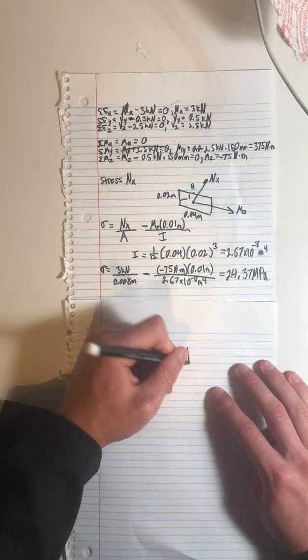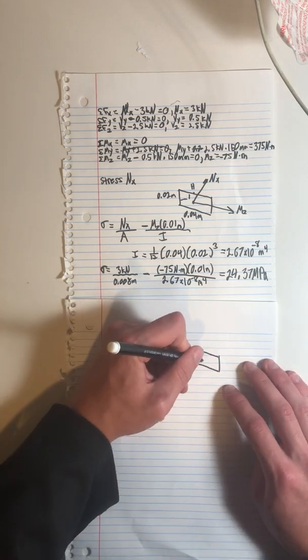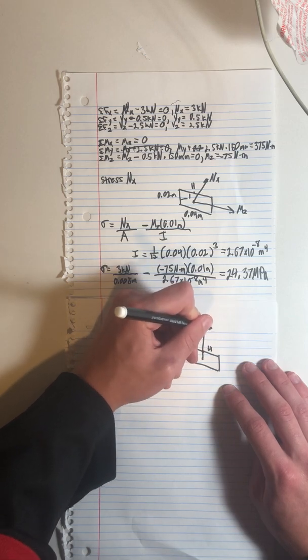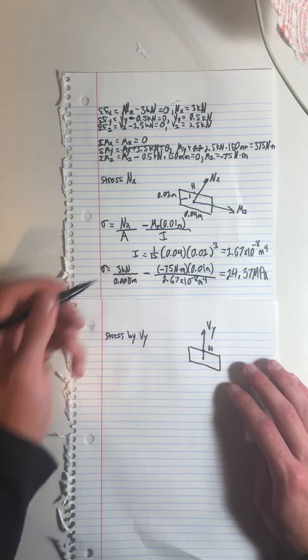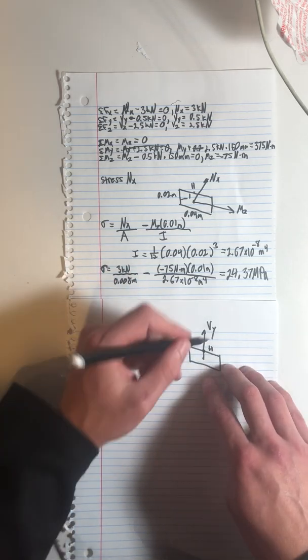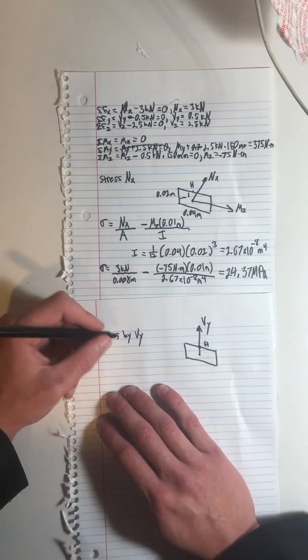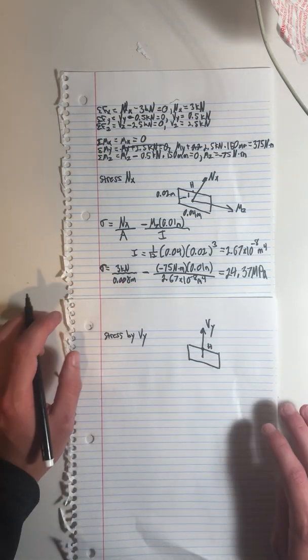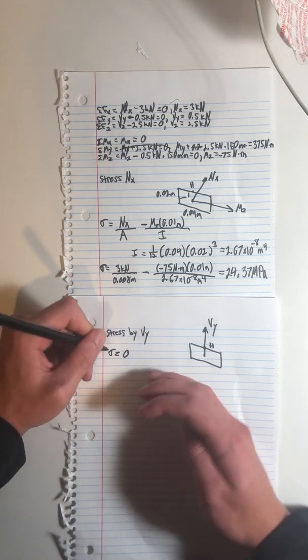Looking at this with the cross-sectional area, at the midpoint here is point H, and since Vy is actually running through point H, the stress caused by it is going to be 0, because there's no distance between the path of force and point H. So it's just going to end up being that there's no stress.